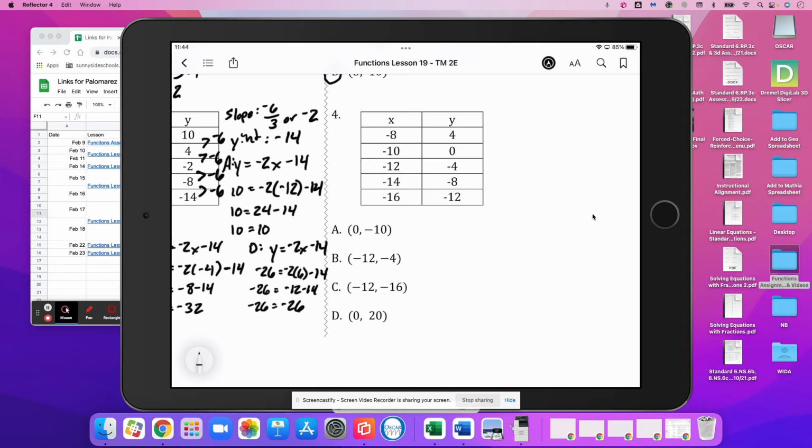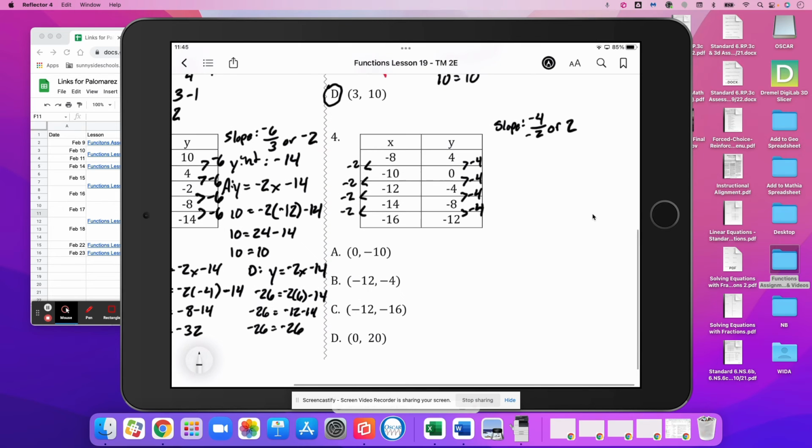So for number 4, here we are decreasing by 4, by 4, by 4, and by 4. And here we are decreasing by 2. So slope, negative 4 over negative 2, or 2.